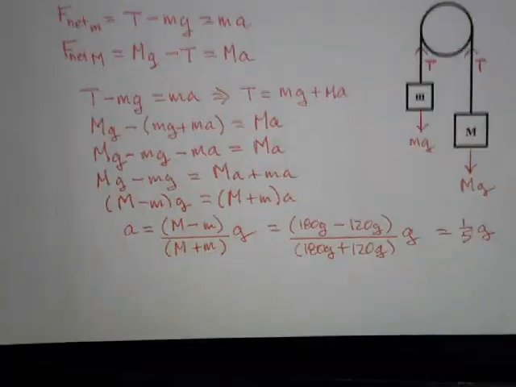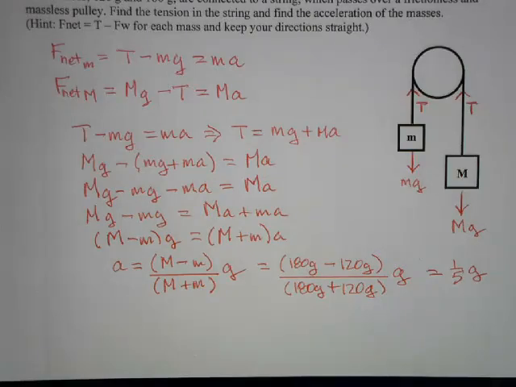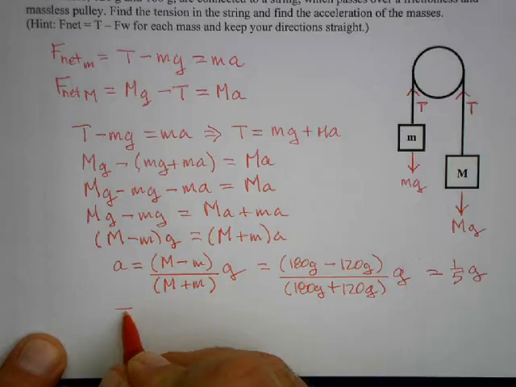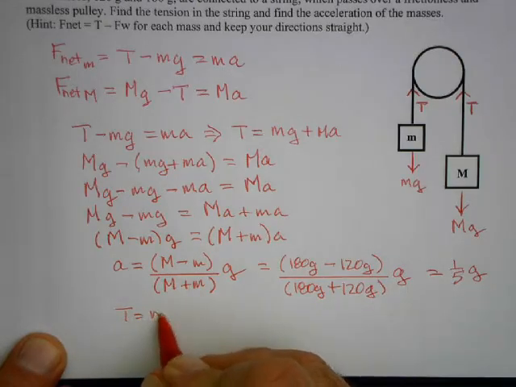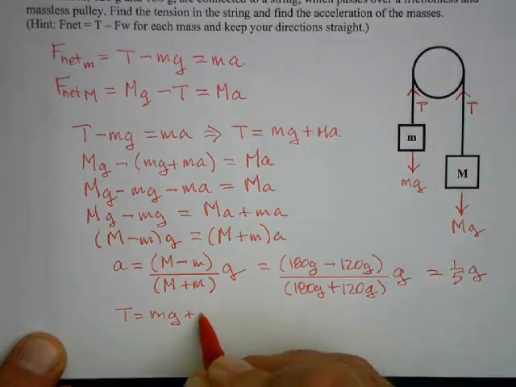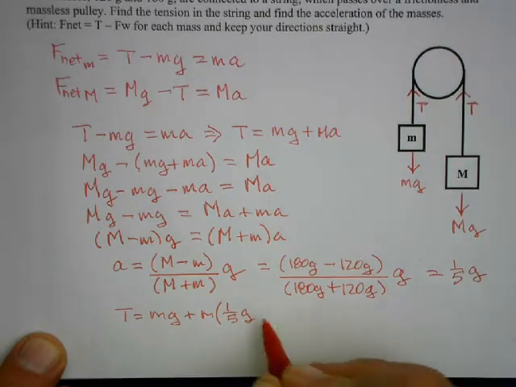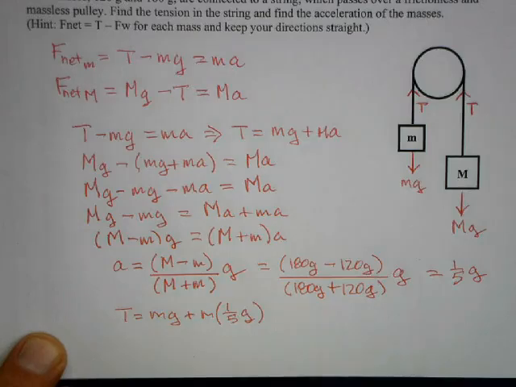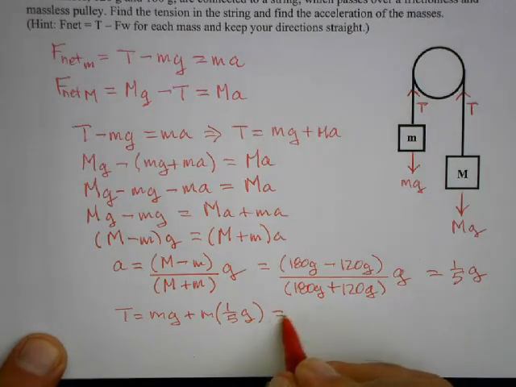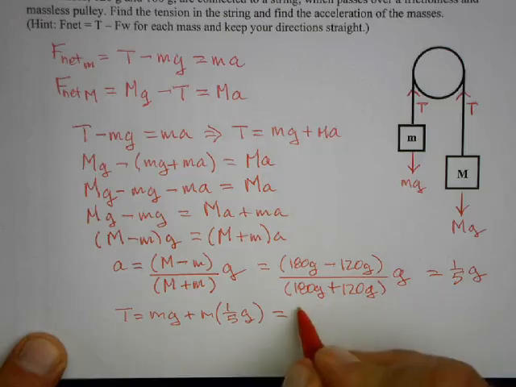And since I now know the acceleration, I can come back up here to find out what the T is. So T will equal mg plus m times 1/5 g, which basically is going to be 6/5 mg.